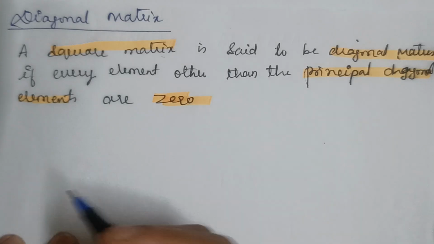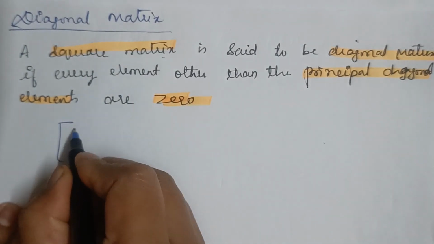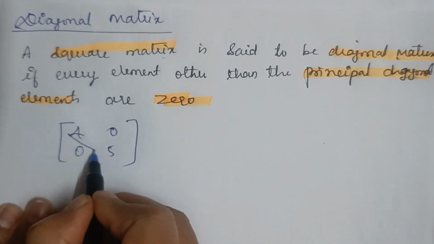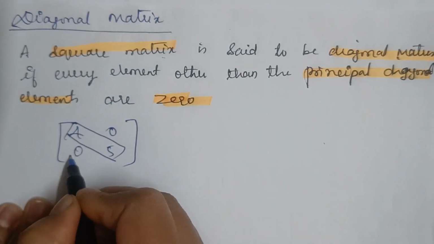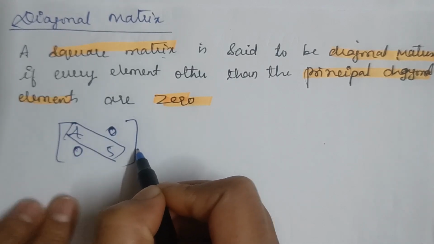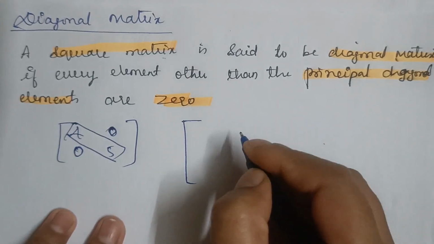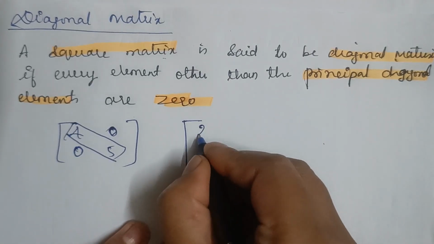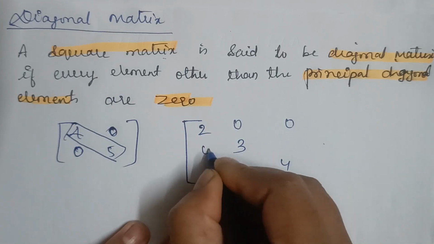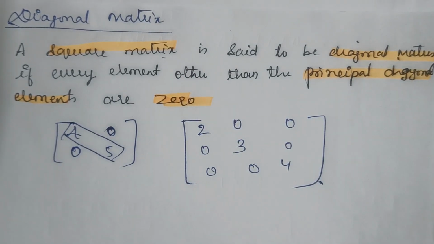If we take a 2 by 2, so 4, 0, 0, 5. Here you can see this is the principal diagonal, and other than the principal diagonal we have all zeros. So this is a diagonal matrix. When we look at a 3 by 3 matrix, we have 2, 3, and 4 on the diagonal, with all zeros elsewhere.